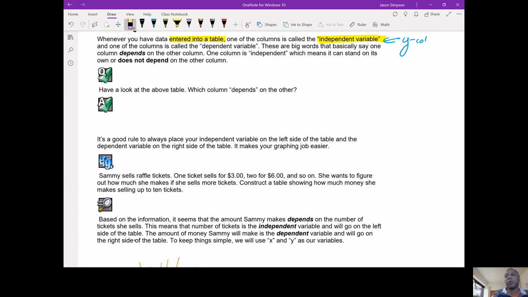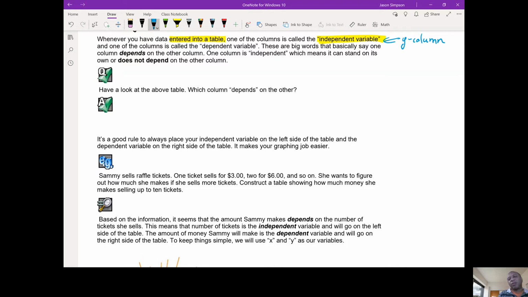Column, I think I spelled that wrong. The y column. All right. Now, I spelled column wrong. Y column. Y column. Right? And we call that the independent variable.